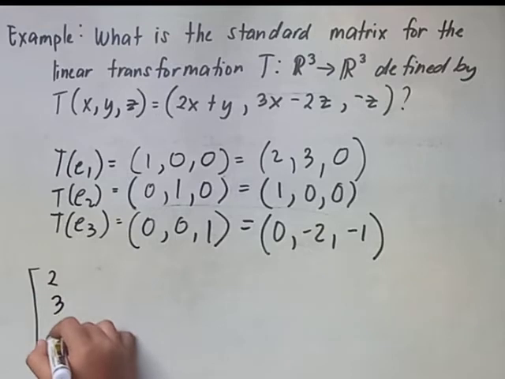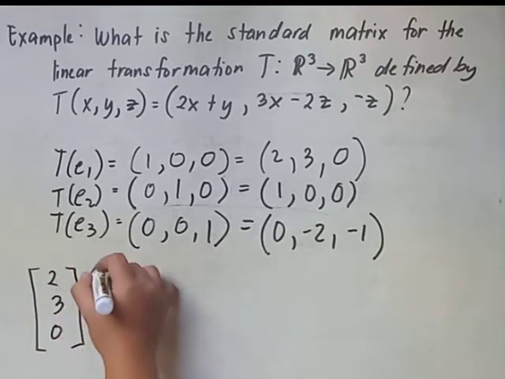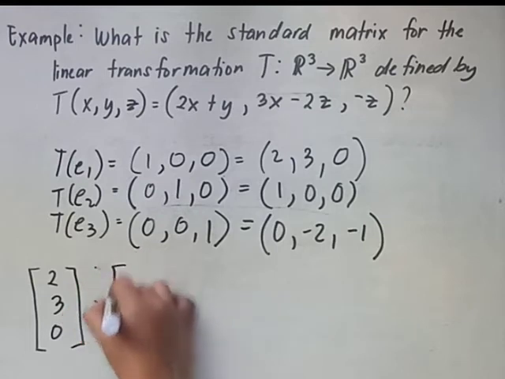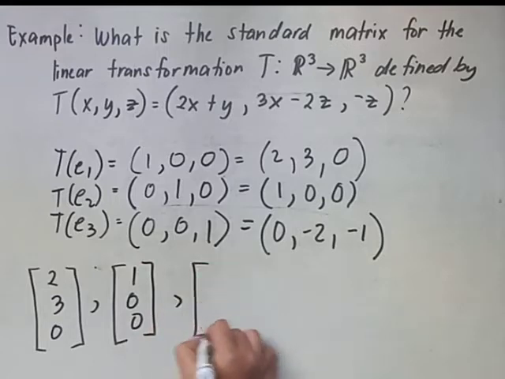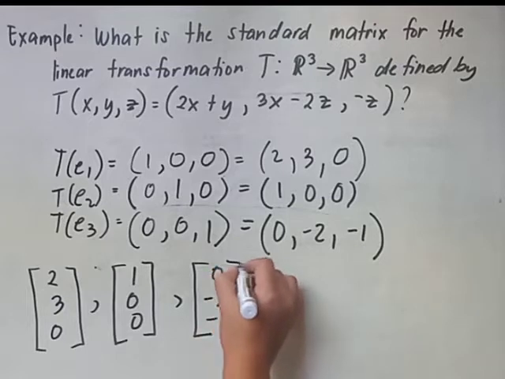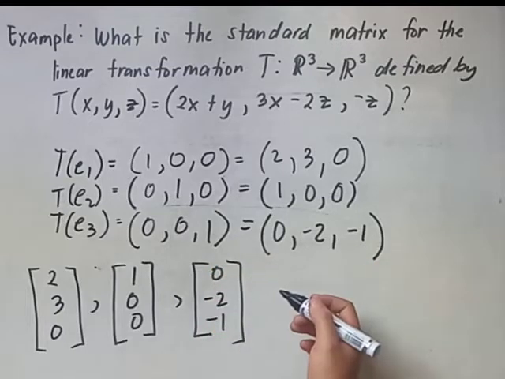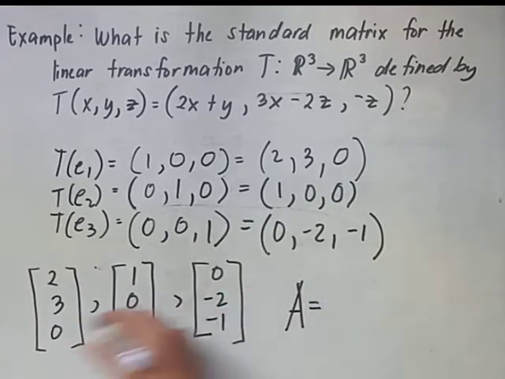So if we put this into vector form, we have 2, 3, and 0; 1, 0, 0; and 0, -2, -1. By the theorem, the m by n matrix, that will be matrix A, is equal to these vectors as columns.